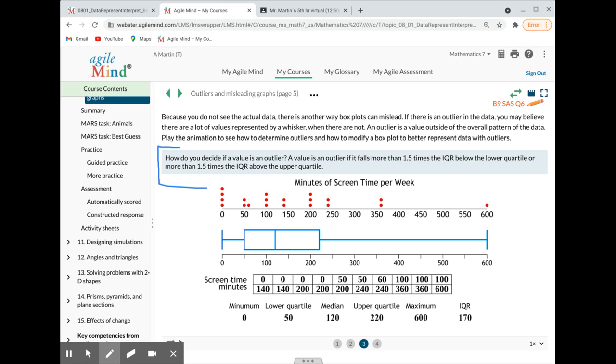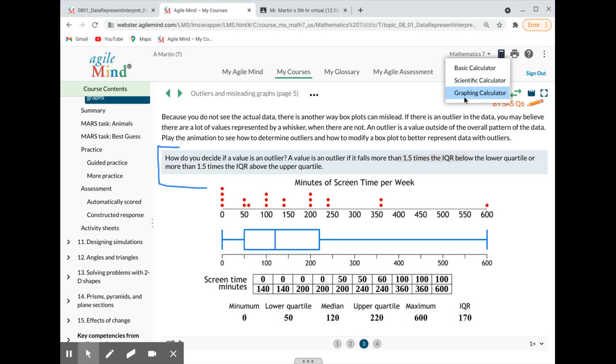We're going to take our calculator and do 1.5 times the IQR, then subtract it from the lower quartile. Then we do 1.5 times the IQR and add it to the upper quartile. If it's outside of that range, then it's an outlier.